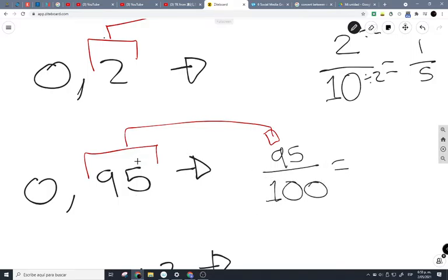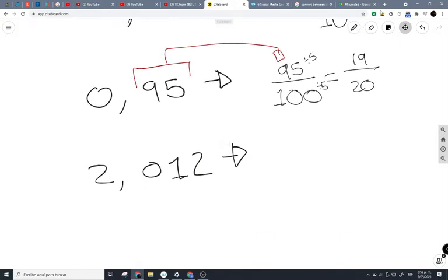So 0,95 is 95 over 100, but we can simplify it. We can divide both of the numbers by 5 in this case. So 100 divided by 5 is 20, and 95 divided by 5 is 19. Can we continue? No, because 19 is a prime number, therefore we cannot divide it anymore. So 0,95 is 19 over 20.